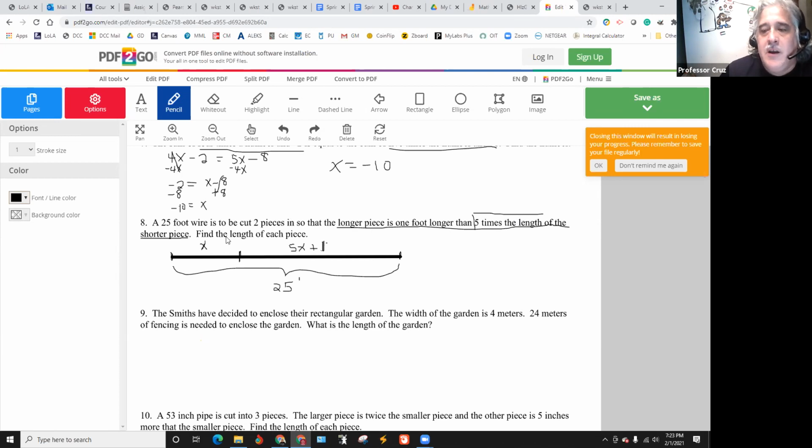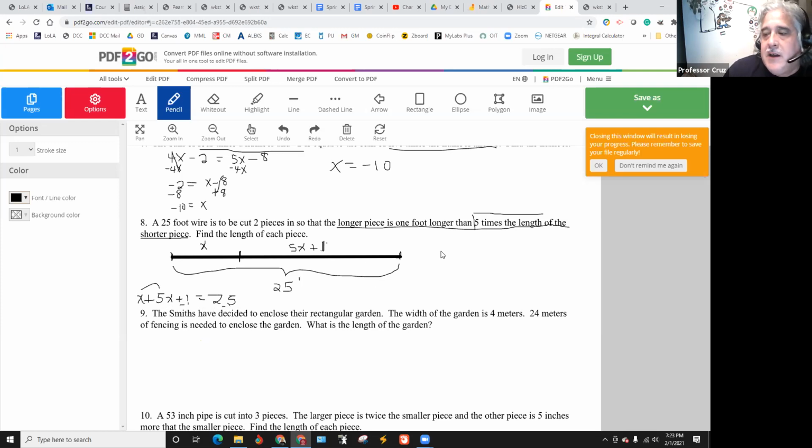All right, so now this is real easy to solve because both of these pieces have to add up to what? The short piece and the long piece have to equal 25. So these go together, and then we can subtract 1.